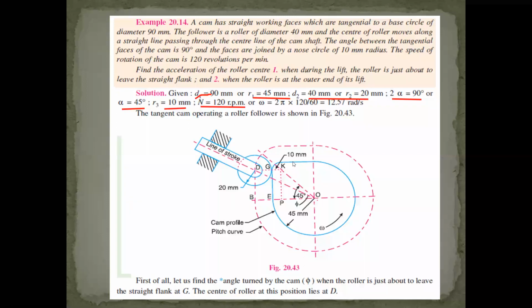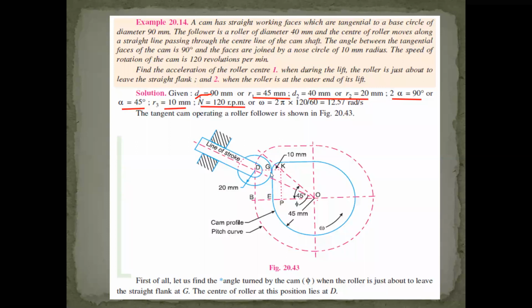Now you have to place our nose circle. The nose circle radius is 10 mm. Where the 45 degrees line touches the base circle, from that point onwards you have to draw the nose circle.